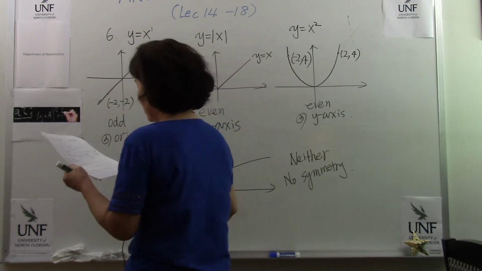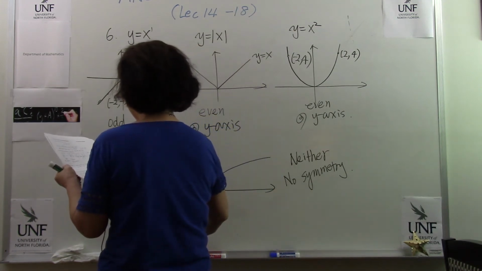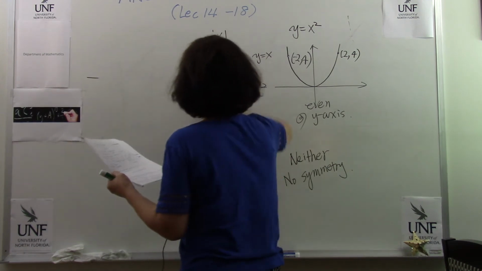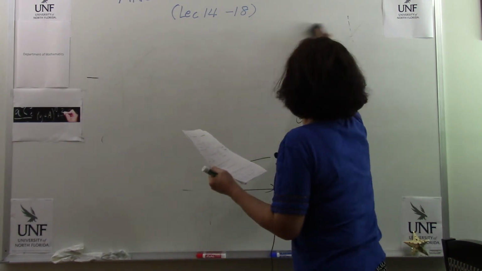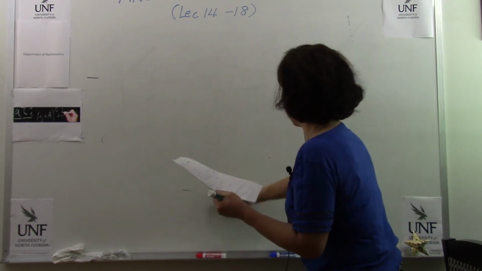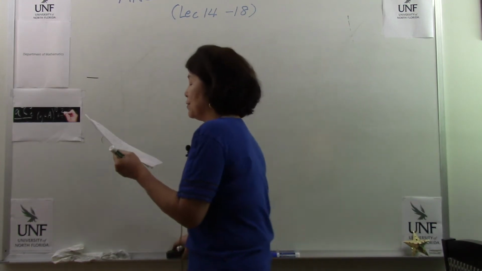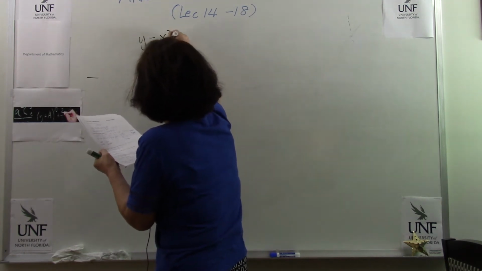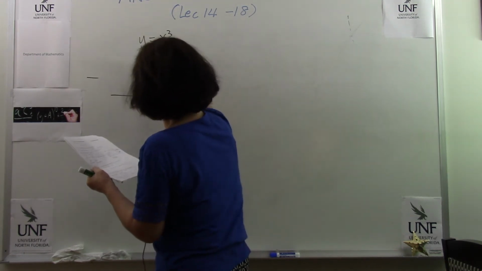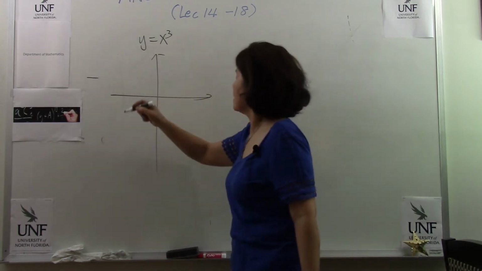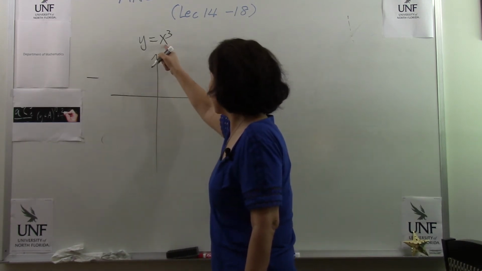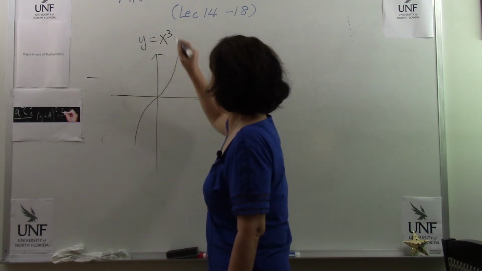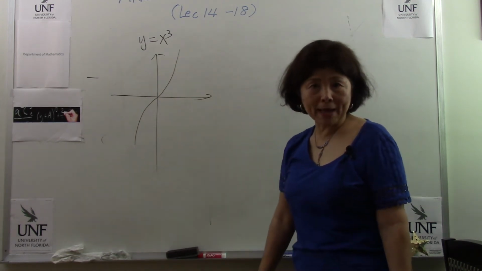Next one is, oh, did I forget y equals x cubed? Oh, I'm sorry. So I'm going to do y equals x cubed and then y equals cube root of x together here. So y equals x cubed is increasing. When x is negative, y is negative. But when x is positive, y is also positive.